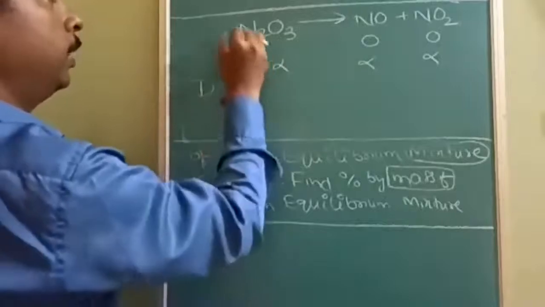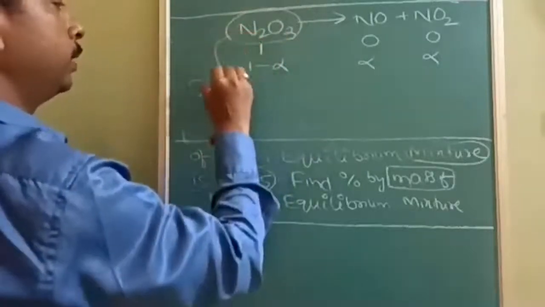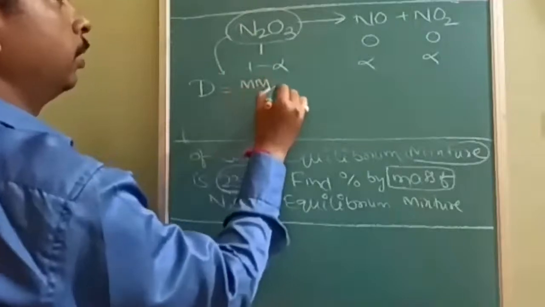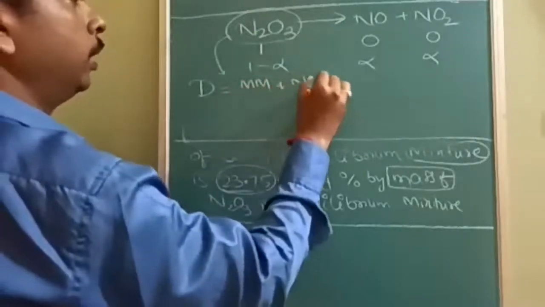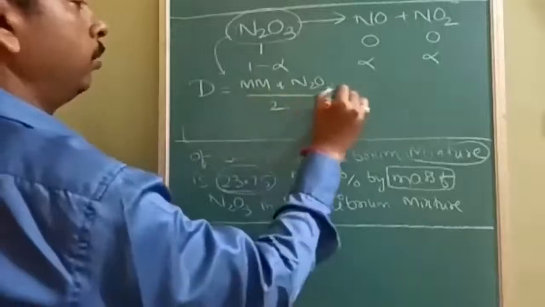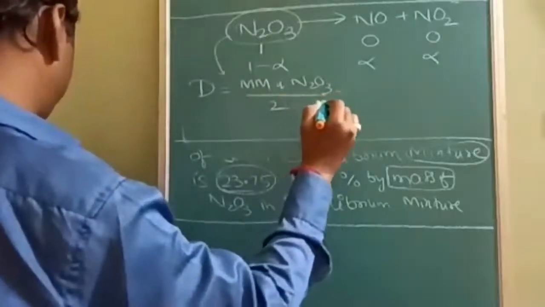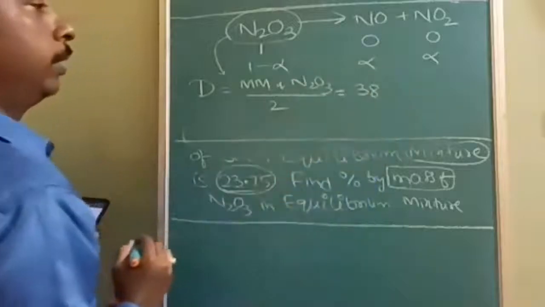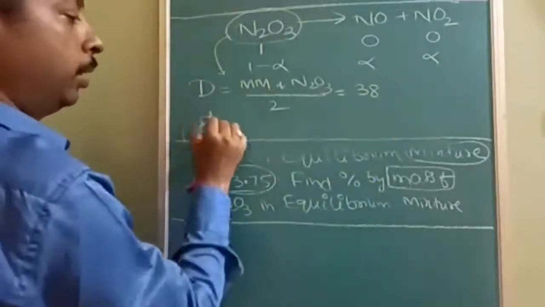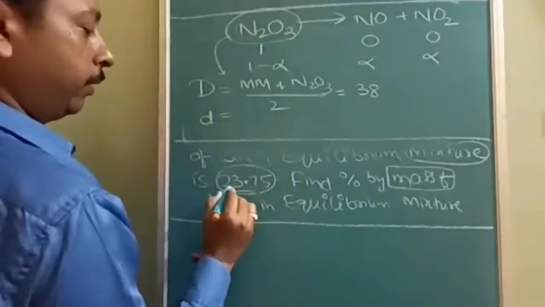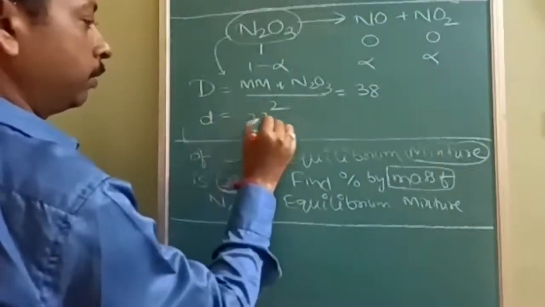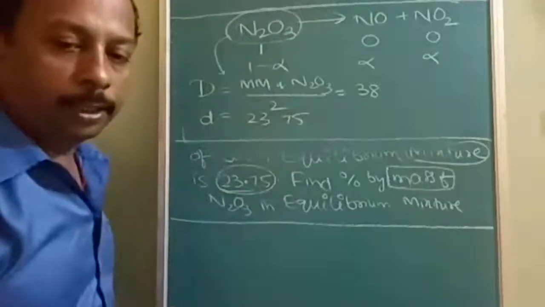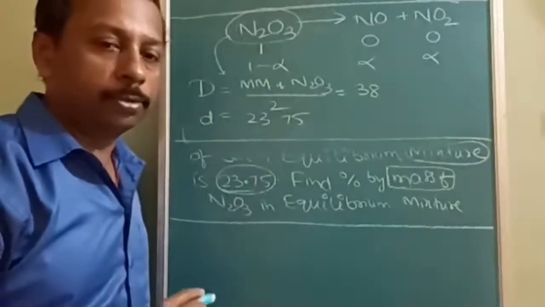Capital D is the theoretical vapor density, which will be the molecular mass of N2O3 divided by 2. After simplification you will get 38. And small d is already given for the equilibrium mixture: it is 23.75.